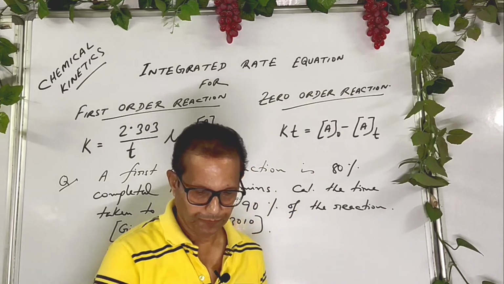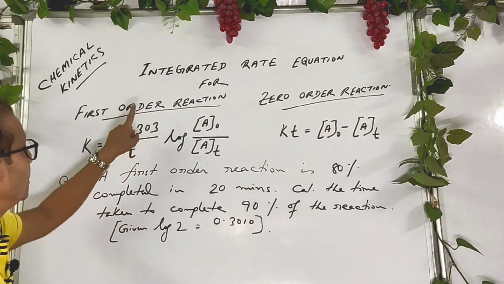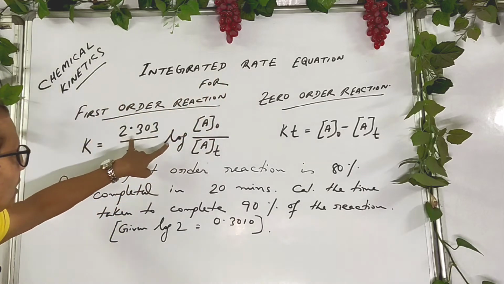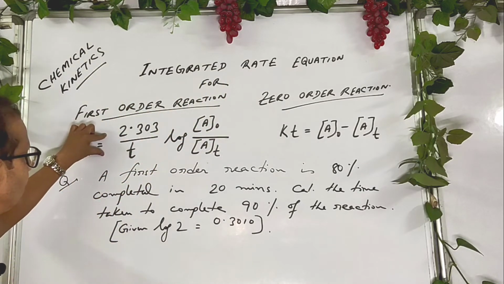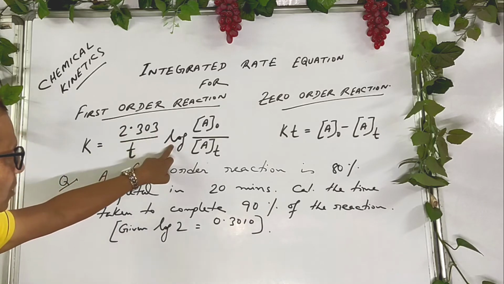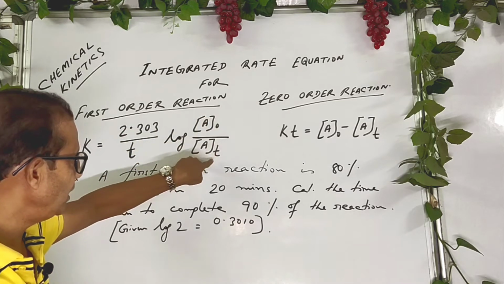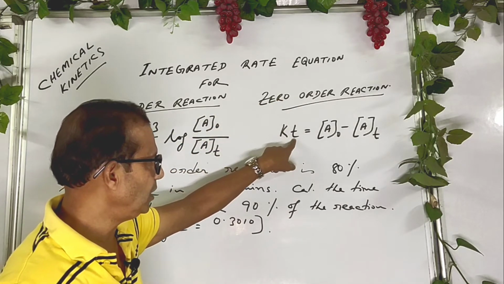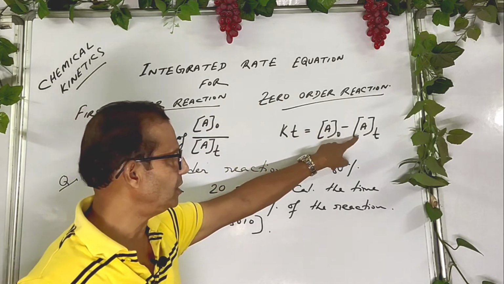So see, the integrated rate equation for first order reaction is k equals 2.303 by t log a naught by at, and for zero order reaction kt equals a naught minus at.